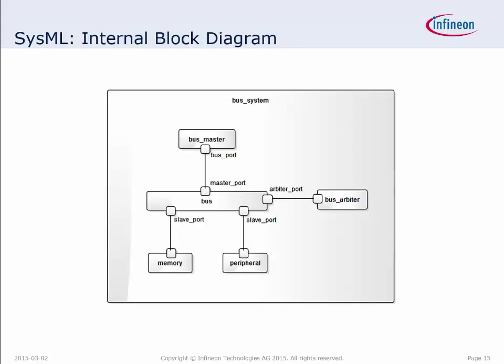So here, let's have a closer look at the bus system. You have here, again, the bus master. You can define your interfaces, master interfaces, the bus port, arbiter ports, and you can connect your system using exactly this profile. That's SysML.